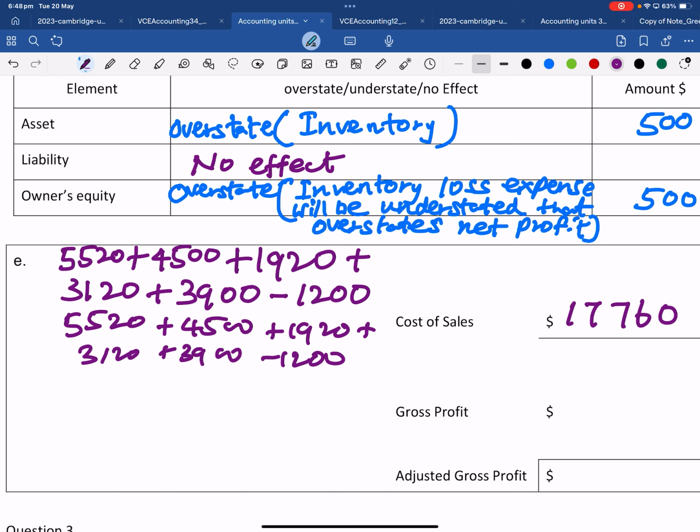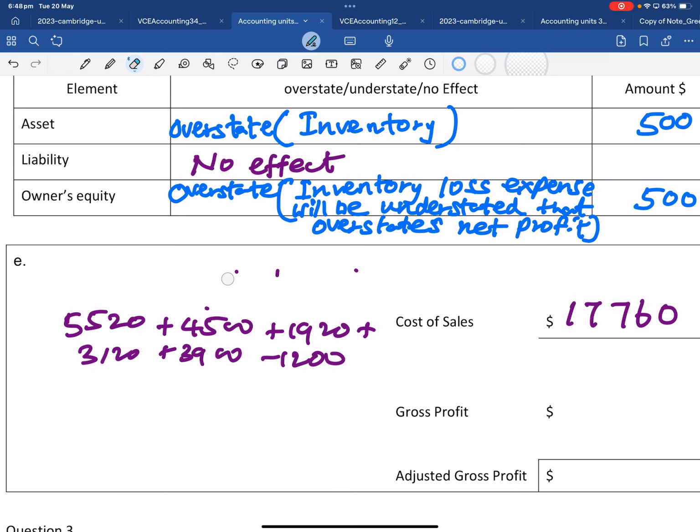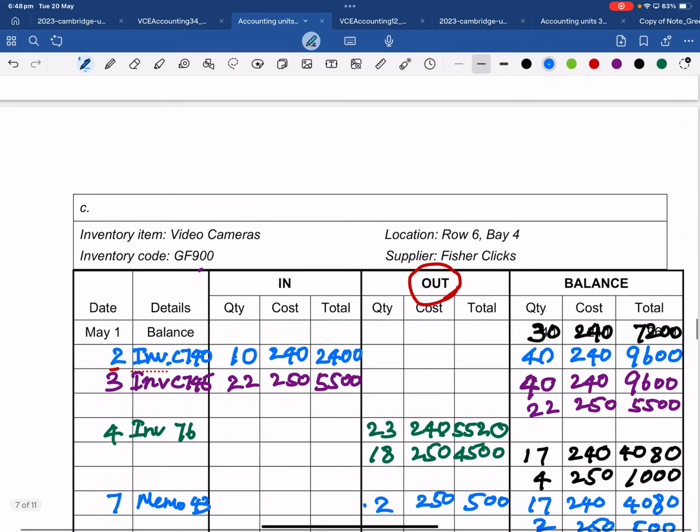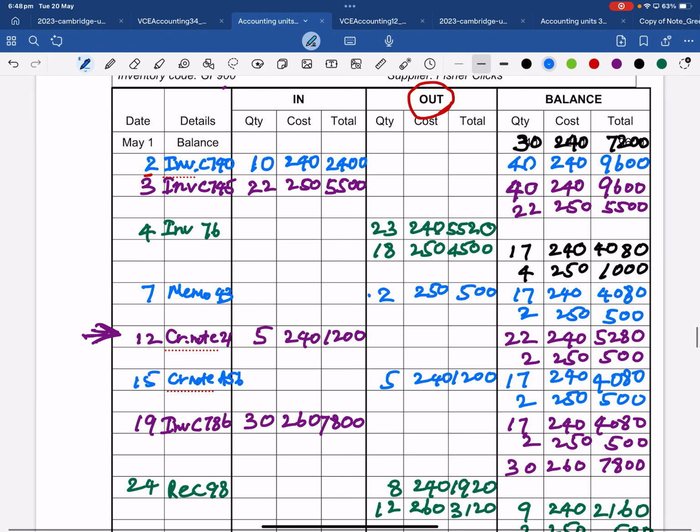Now we have to calculate the sales. How do we calculate the sales? Sales we can calculate two ways. Either you can calculate it by looking at the inventory card, otherwise we can calculate it by looking at the question.